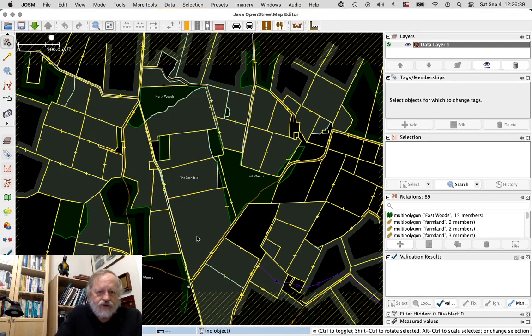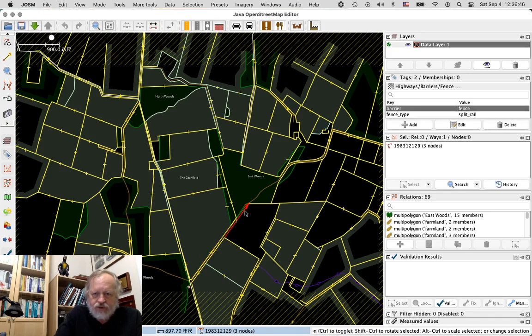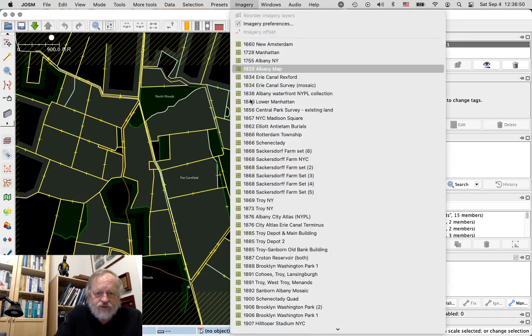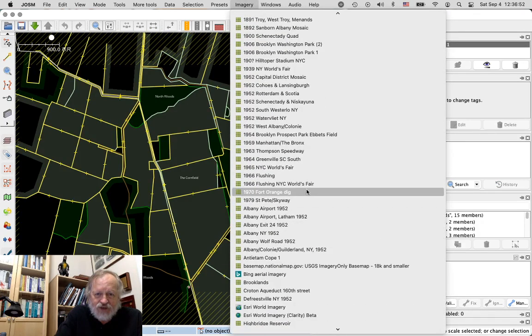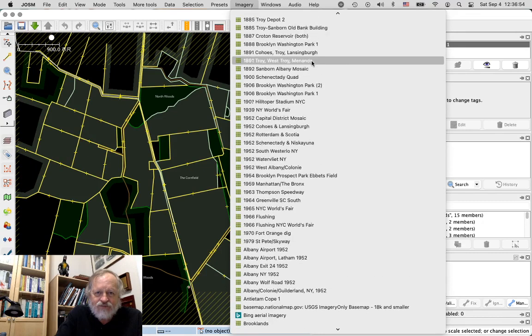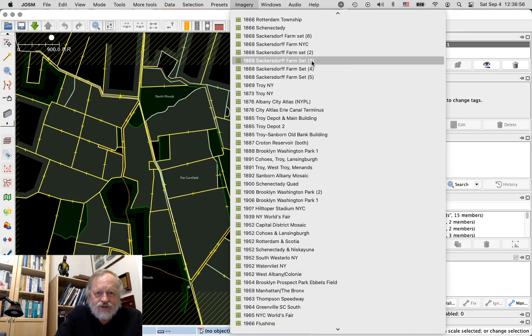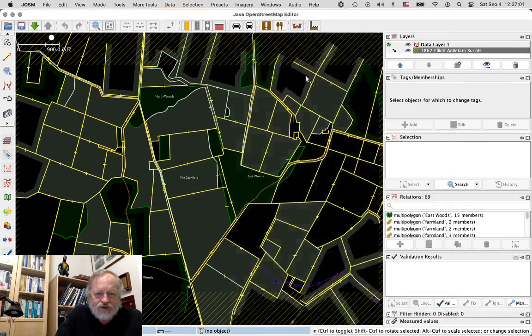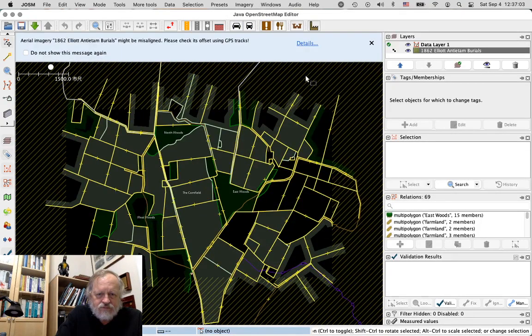So the area we're interested in is from the North Woods south to Smoketown Road, and over in imagery, and yes, I have a lot of imagery URLs in here. 1862 Elliott Antietam Burial.